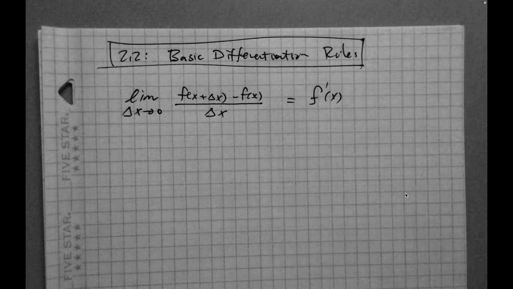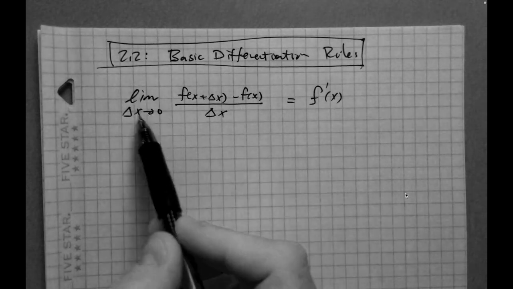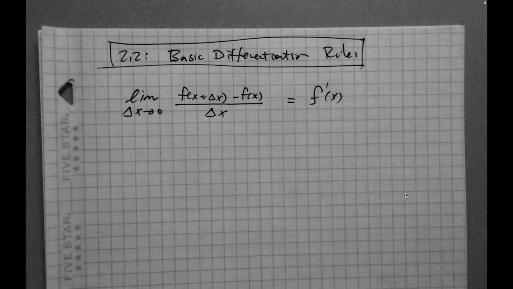So given an f of x, you can plug in x plus delta x and calculate the difference, and then ratio that by the change in x, that delta x feature, and then look at that ratio, this difference function, as delta x goes to 0. And the result would be the derivative function.